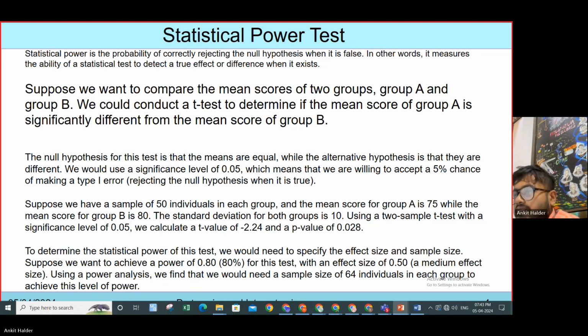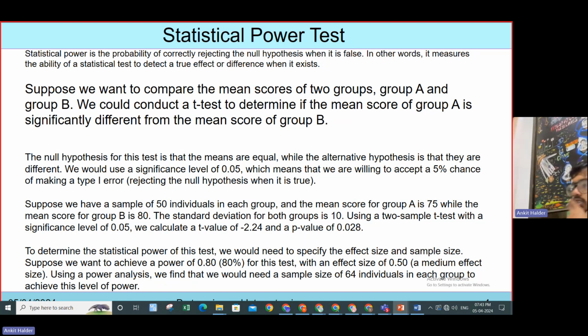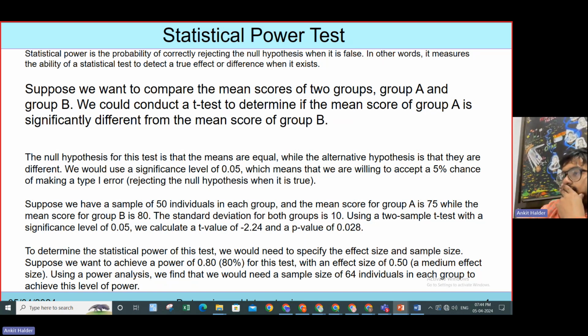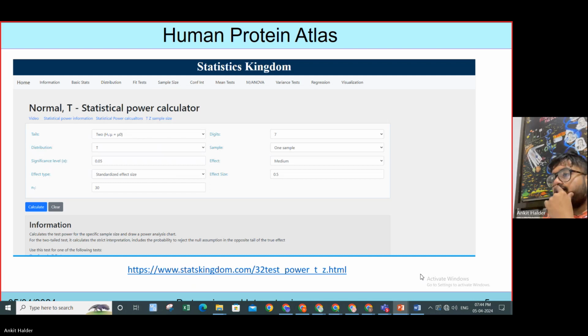Suppose we have a sample of 50 individuals, with mean score 75 for one group and mean score 80 for the other. The standard deviation for both the groups is 10. Using a two sample t-test, we get a p-value of 0.028. To determine the statistical power, we need to specify the effect size and sample size. So we want to achieve a power of 80% with a medium effect size. We want to achieve this level of power. So you can do that here.